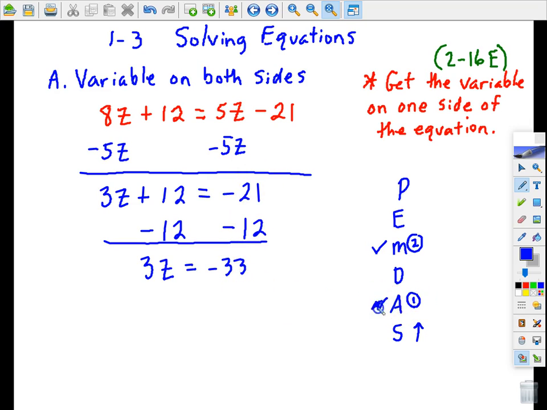So addition is taken care of, and now all that's left is undoing multiplication. And we've been discussing in class, there are really two ways of undoing multiplication. You could divide by 3 in this case, and we would be left with z equals negative 11.